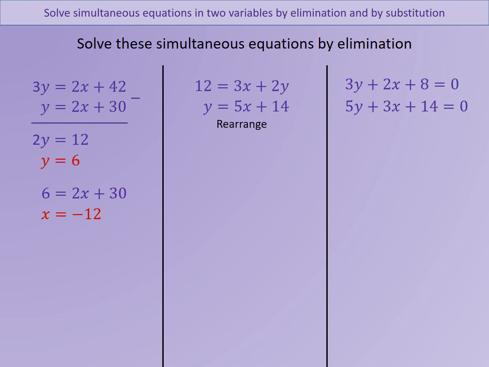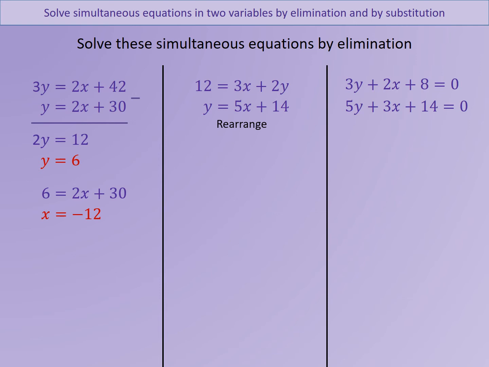The other thing I want to say at this stage is that your A-level calculators will solve simultaneous equations for you, but it is important that we know how to do it by hand as well, hence the reason why we are revisiting this before we start to use calculators.